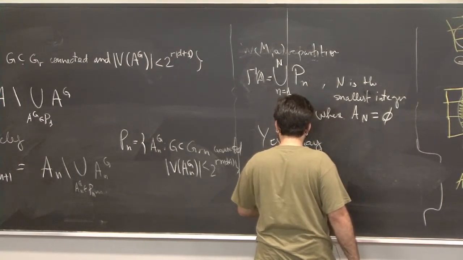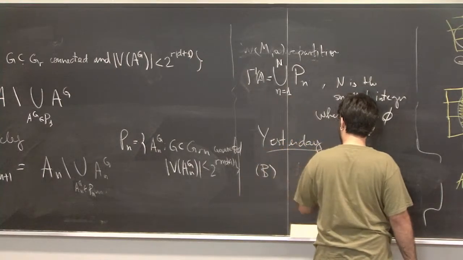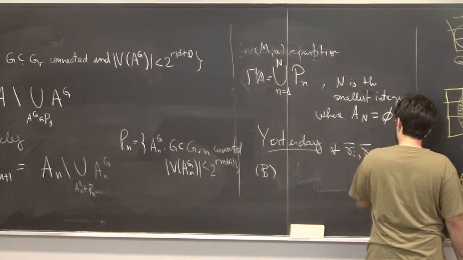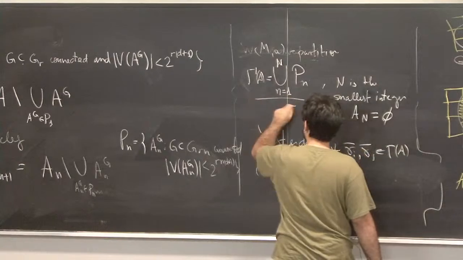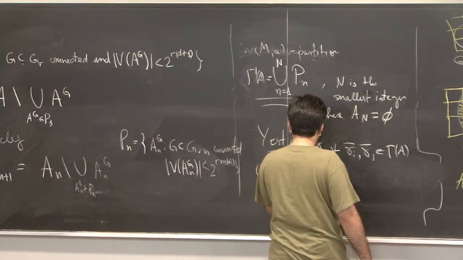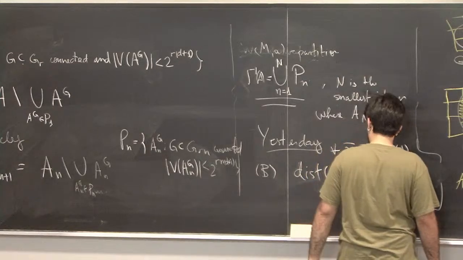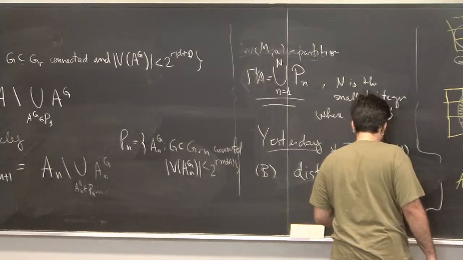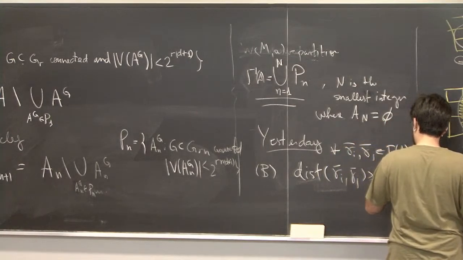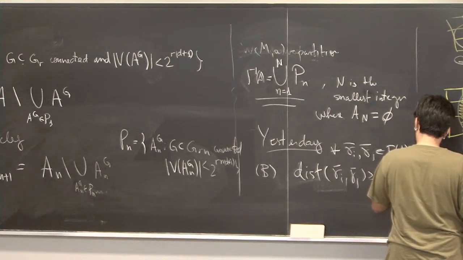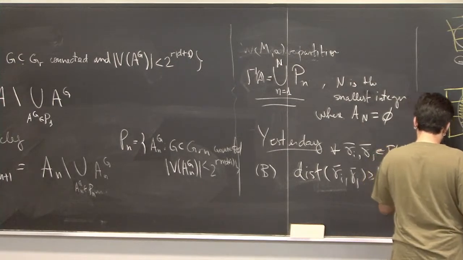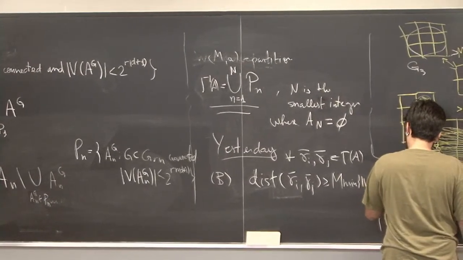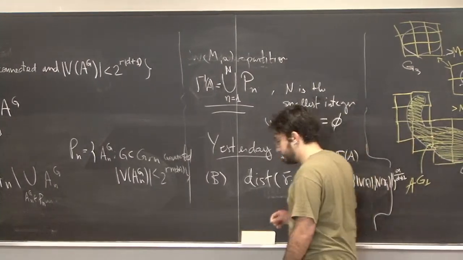We actually checked that for any two members, gamma I, gamma J, inside gamma A, given by this definition right here, the distance of gamma I, gamma J is larger than m times the minimum of v gamma I, v gamma J, to the power a over d plus 1.